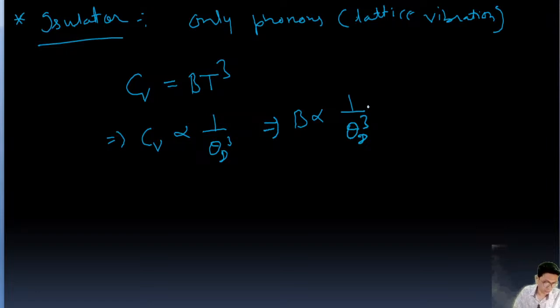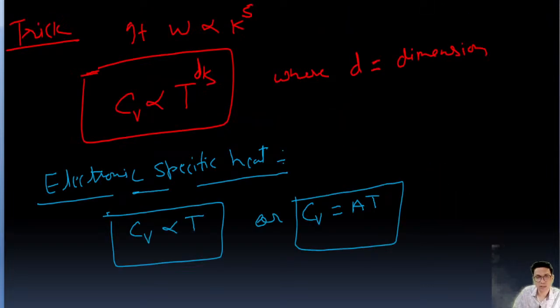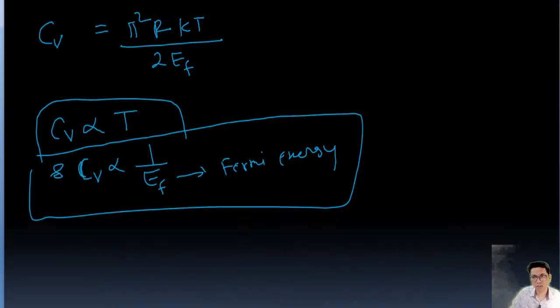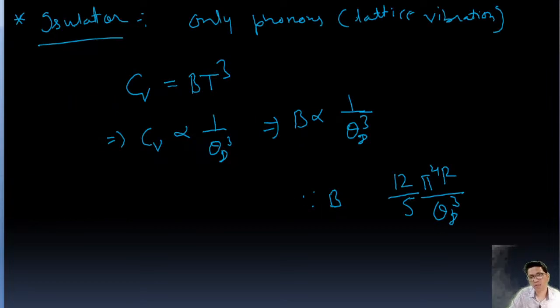Why? Because we know the value of B is equal to 12 upon 5 pi to the power 4 R upon theta D cube. I have solved this here. So this is an important result.